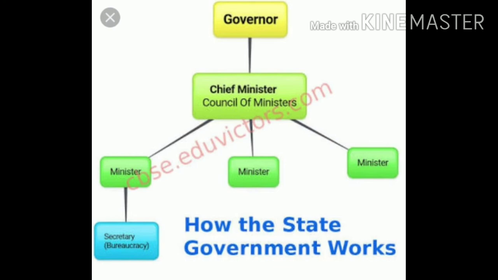You have seen that the chief minister and the ministers who are in power have to take action. They do so through various departments like the public works department, the agriculture department, the health department, the education department, and so on.